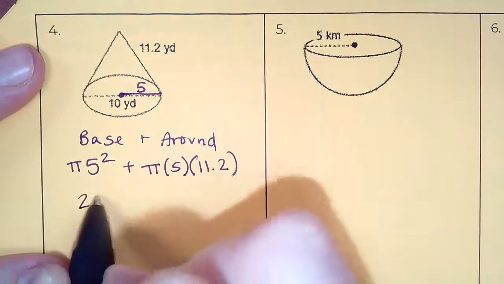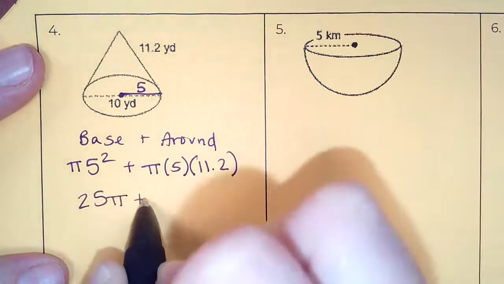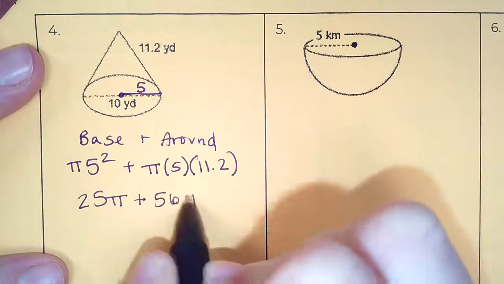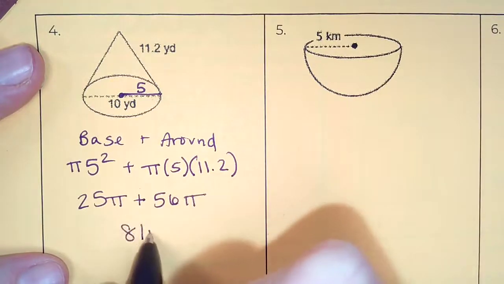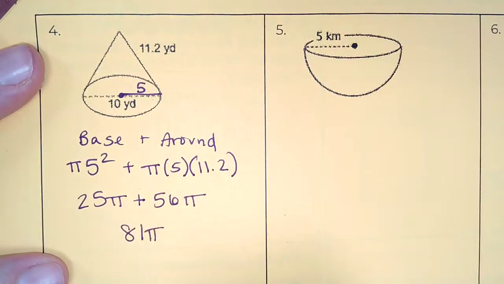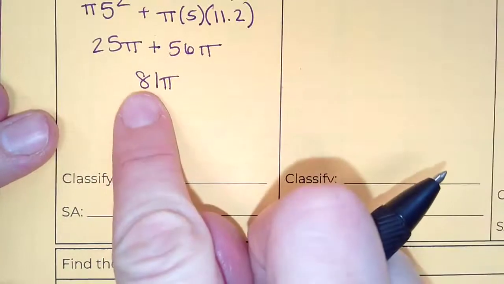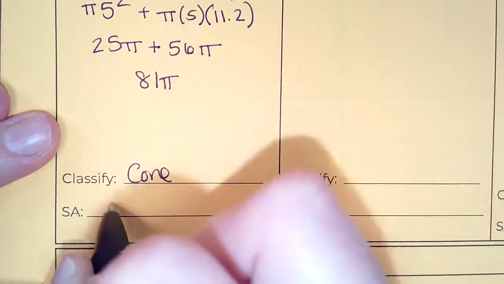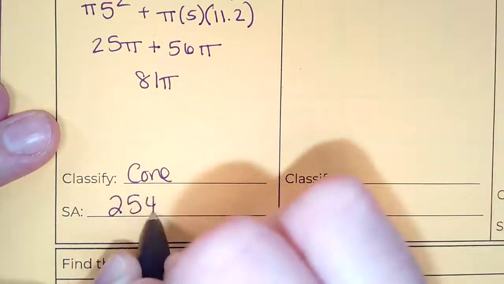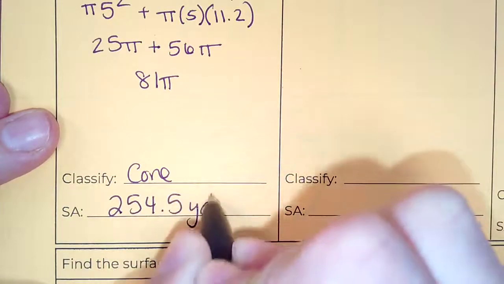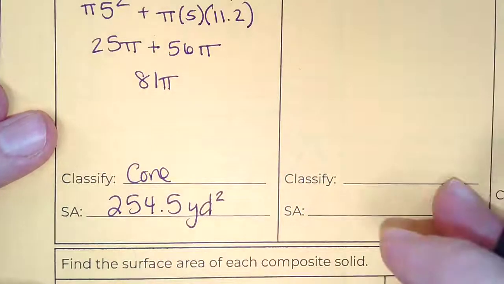So 25 pi plus 56 pi, that's 81 pi. 81 times pi in your calculator ends up being 254.5, and it's yards squared.